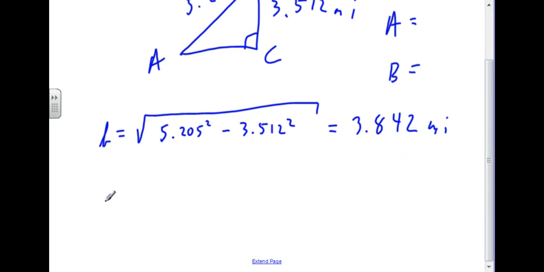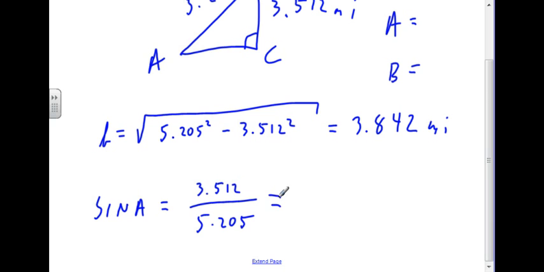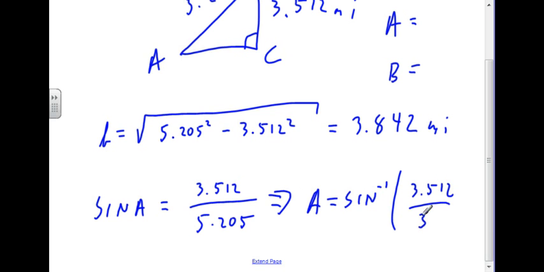I guess I'll use sine again. Sine A, 3.512 divided by 5.205. A is the arc sine of 3.512 divided by 5.205. Probably just do that part in your head, right?